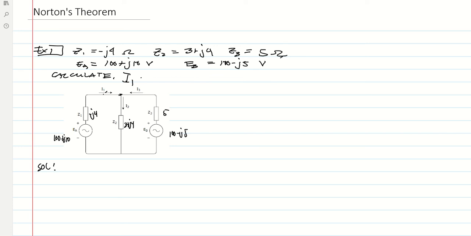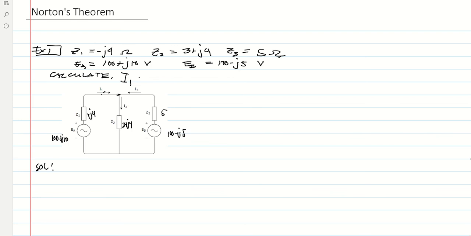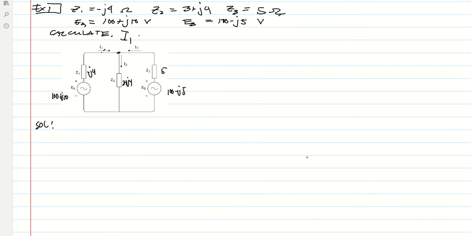We need to solve for the looking back resistance, and it also uses the same concept by removing the voltage sources and replacing them with short circuit or their internal impedance. So first we calculate the Zn, or the looking back resistance or impedance, but our load this time is negative J4, or that's Z1.